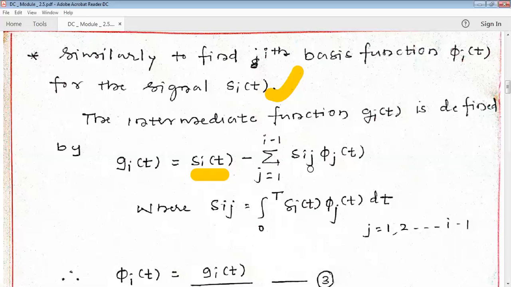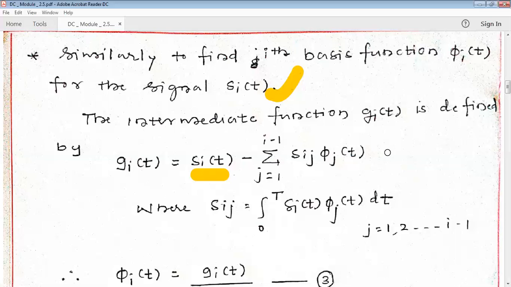So what are our coefficients and basis functions? S_31 phi 1 of t plus, so here it is minus, so minus into plus is minus, and the next coefficient, S3 is fixed, now j is changed to 2, so S_32 multiplied by the second basis function phi 2 of t.